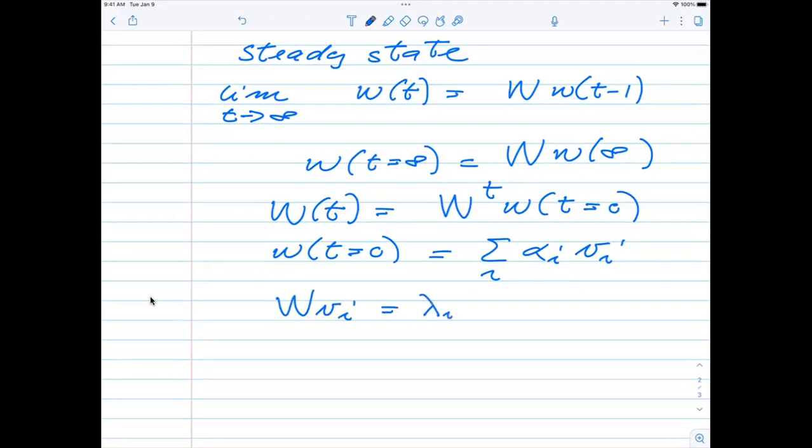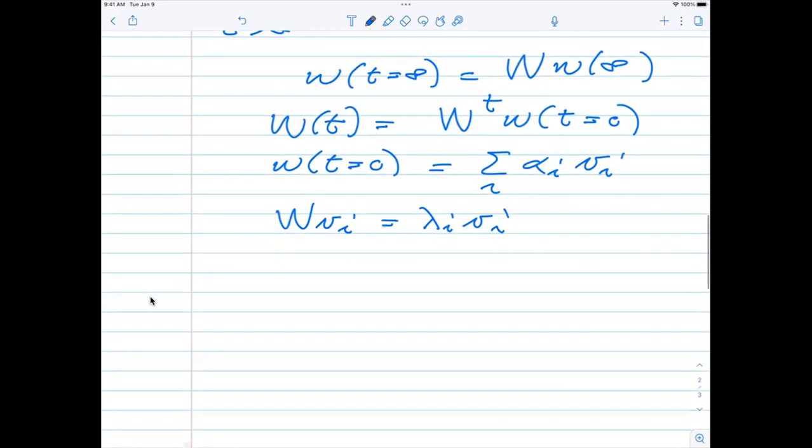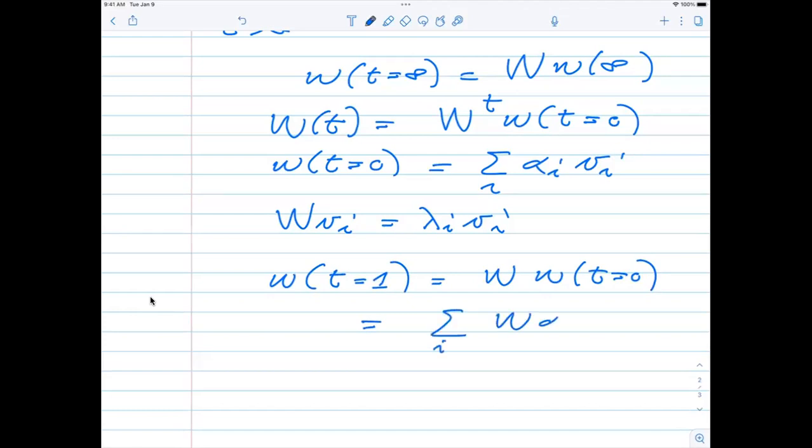So we had a set of eigenvalues and eigenvectors of this specific matrix. If we now apply this matrix to this state t times, and look at t equal to 1, which is simply W applied once to this state at t equals 0, that is the same as applying this matrix on the sum of alpha_i multiplied with v_i.